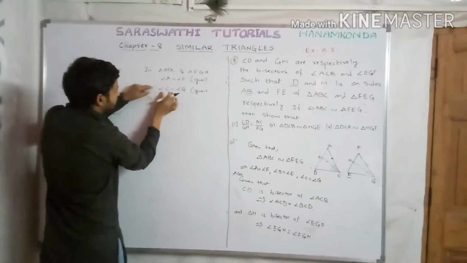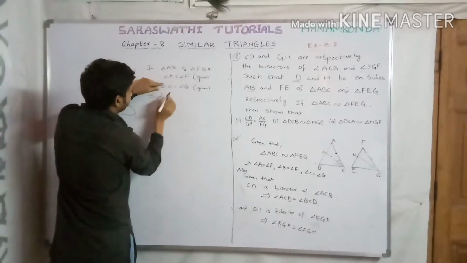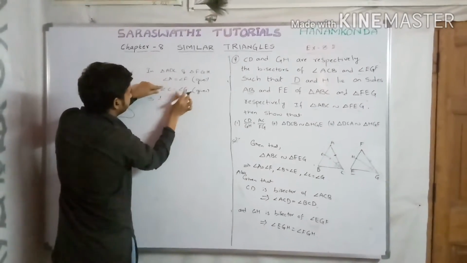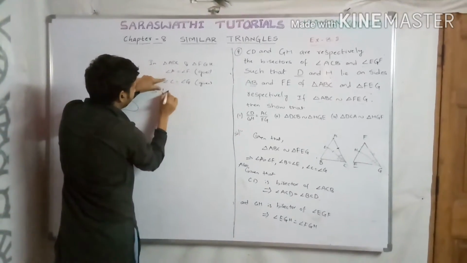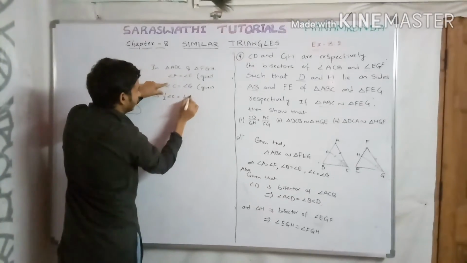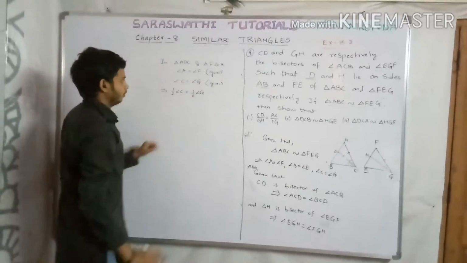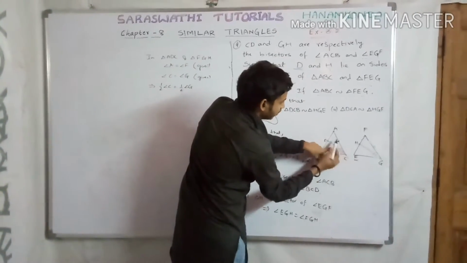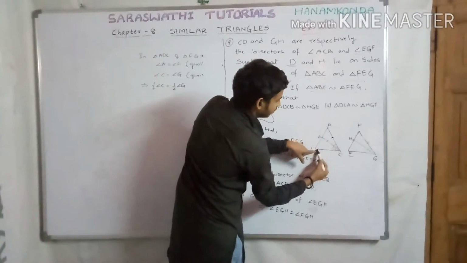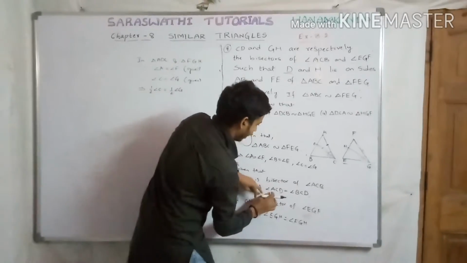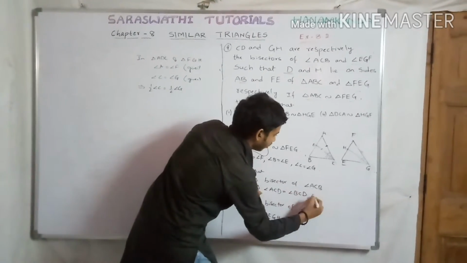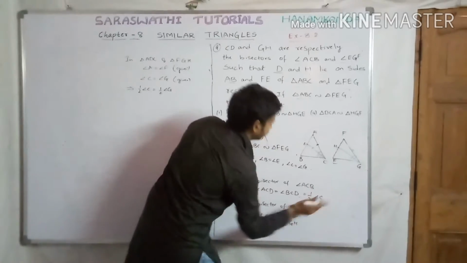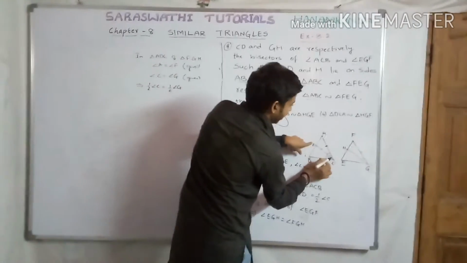If angle C equal to angle G, then multiplying both by 1 by 2, 1 by 2 of angle C equal to 1 by 2 of angle G. From the figure, half of angle C we can write as angle ACD or angle BCD, because CD is the angular bisector.